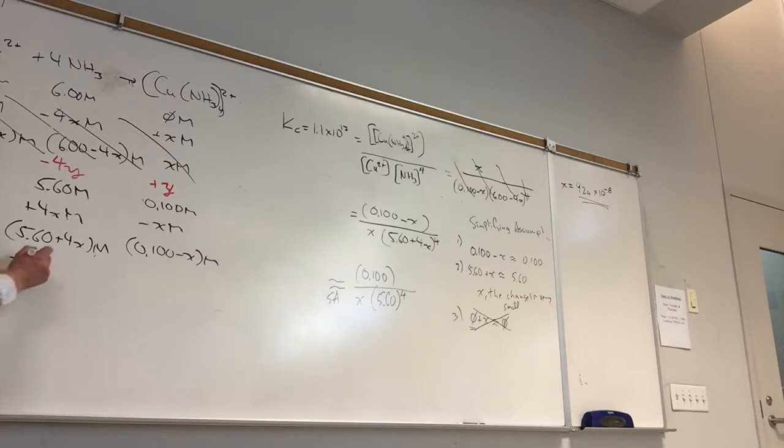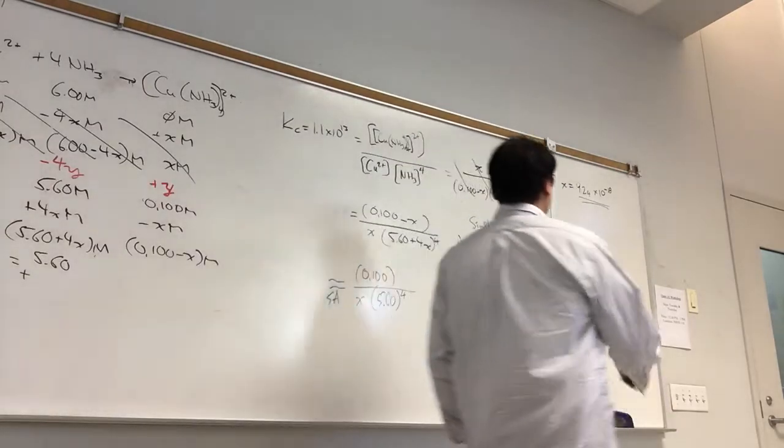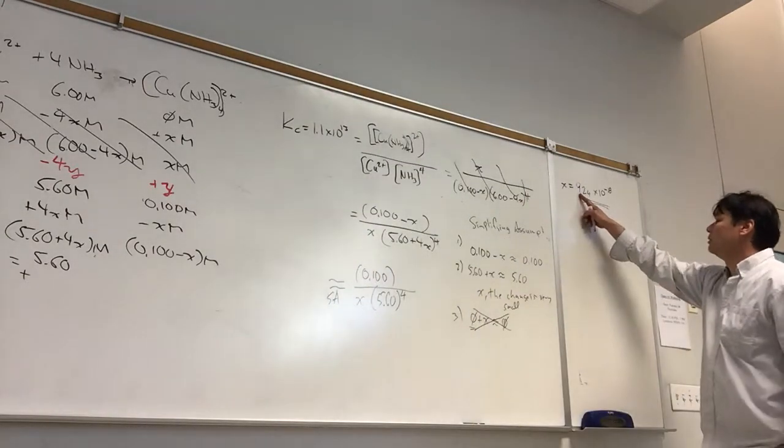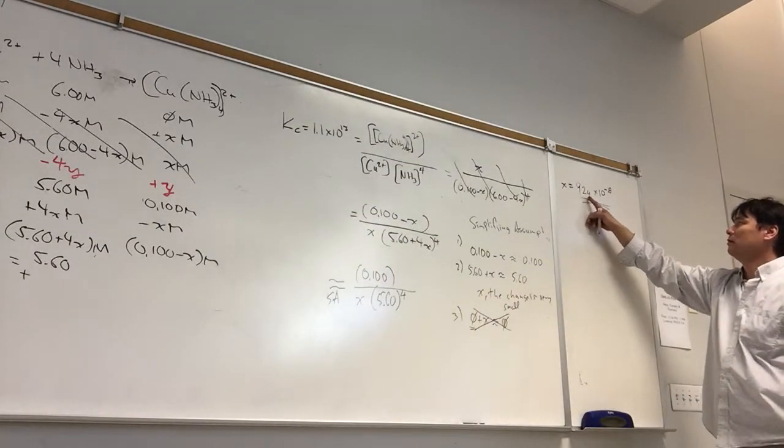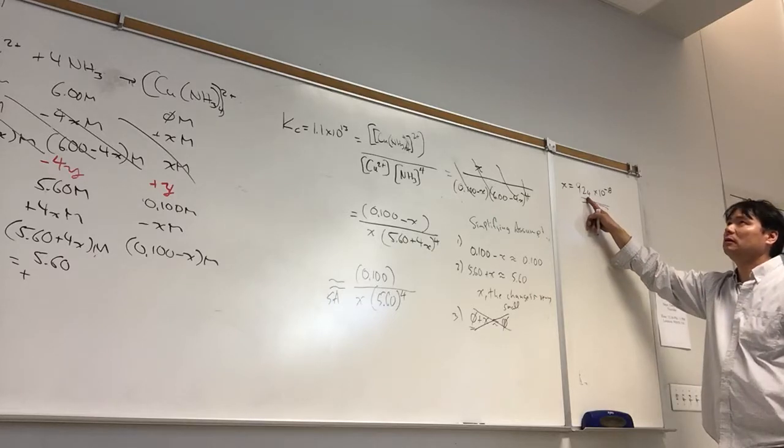Then we're going to calculate the next concentration. It's going to be 5.60 plus 4 times that. 4 times 9 is 36, and 4 times 24 is 96.